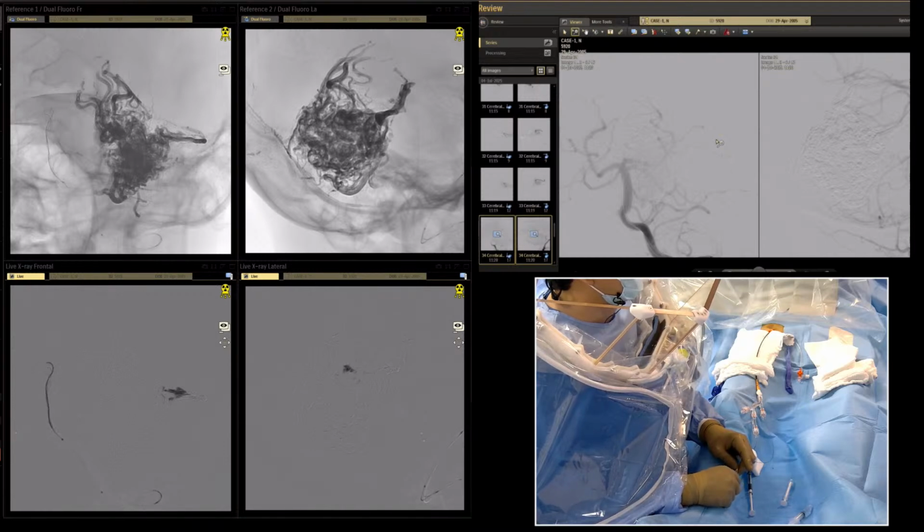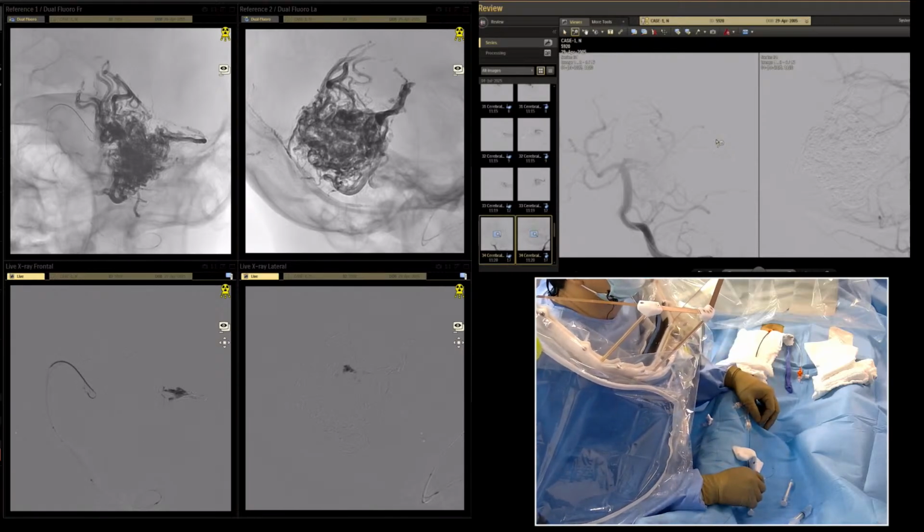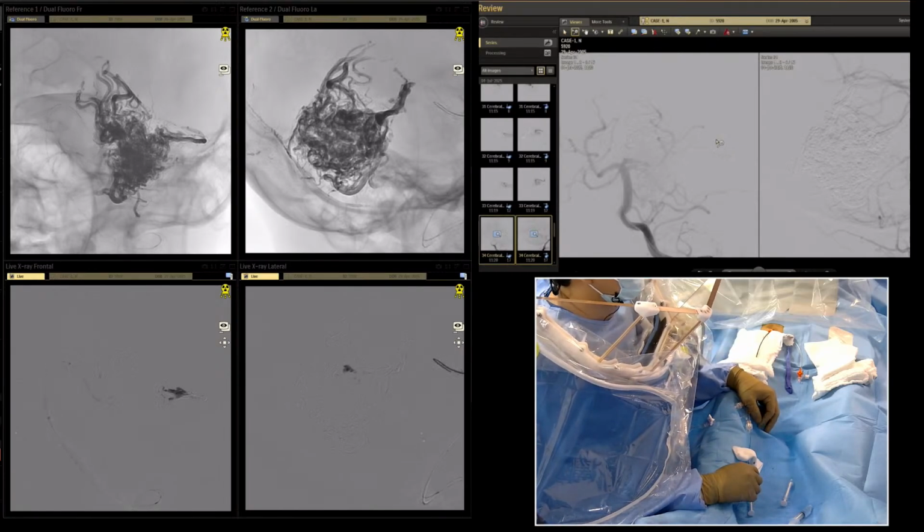It's a posterior circulation and, okay, now we are in the territory and the tip of the microcatheter is as safe as possible.